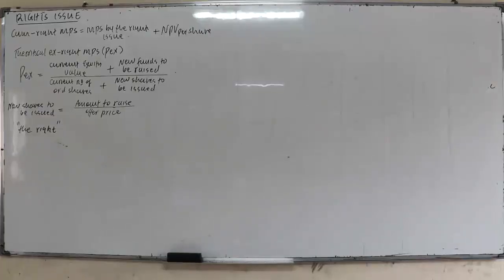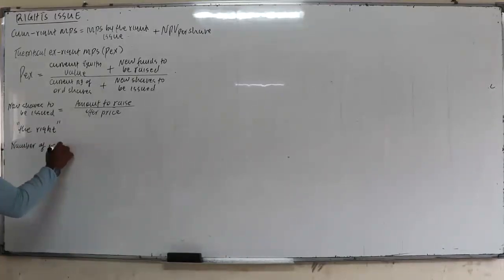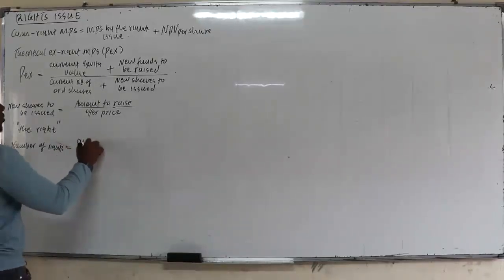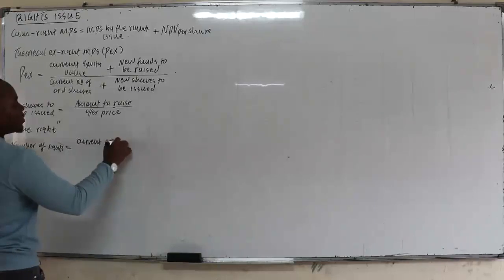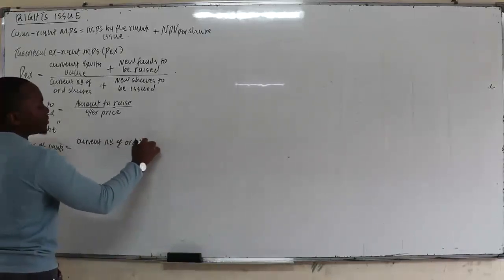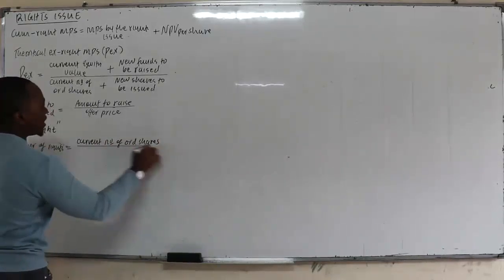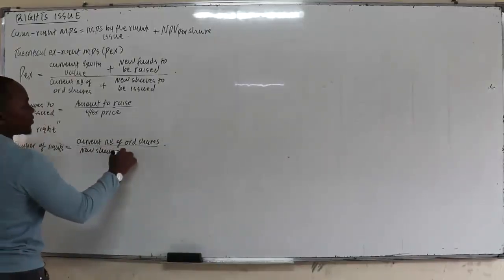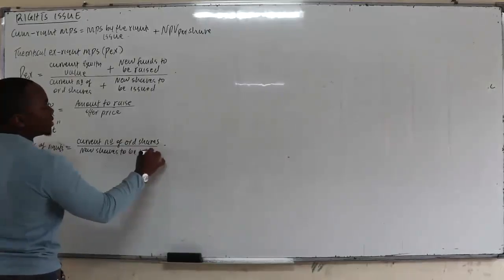The number of rights is determined as follows. So how do we get the number of rights? You take the current number of ordinary shares and divide by the new shares to be issued.